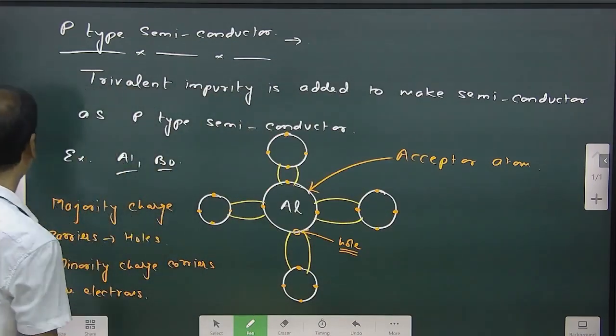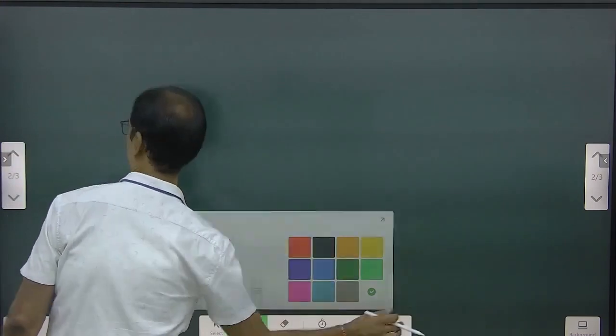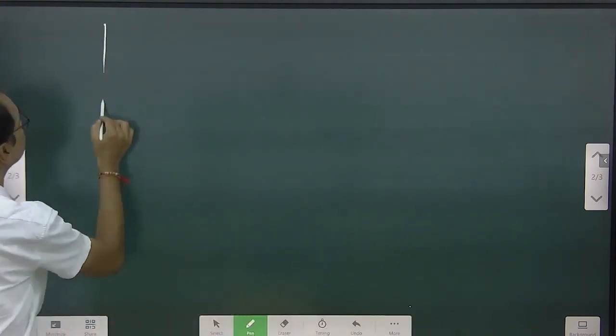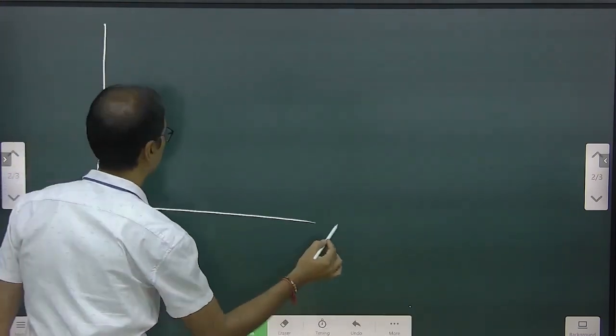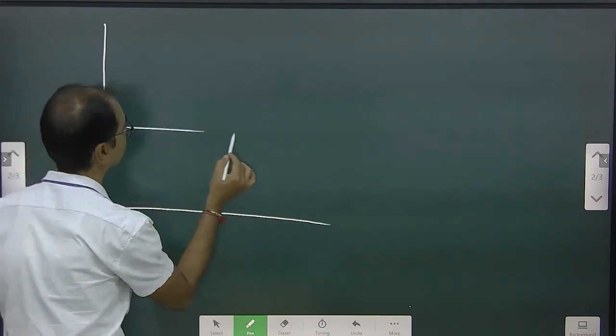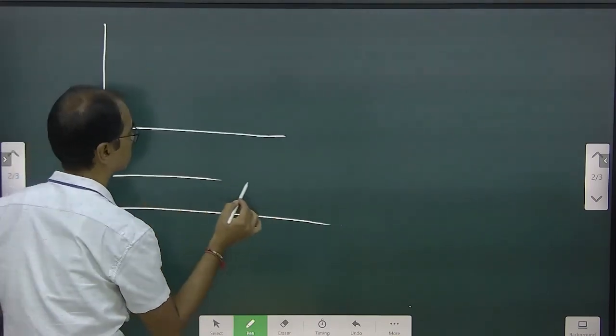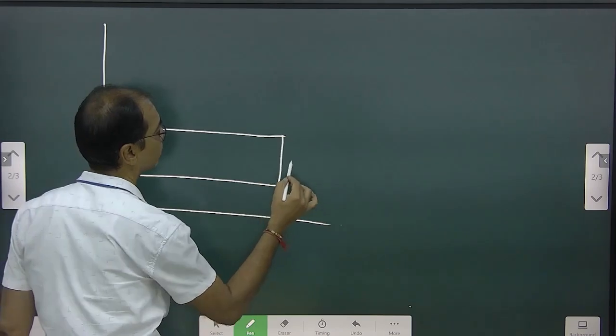So now let's make it into the band diagram. How it is, where it is. Okay, so the band diagram is like this. Here is the valence band.